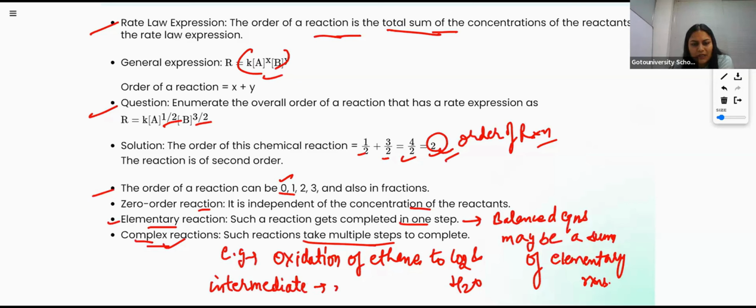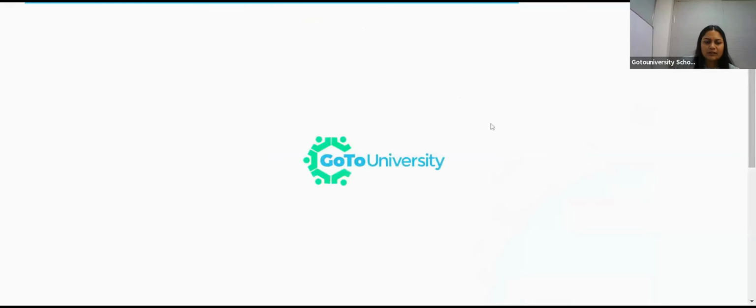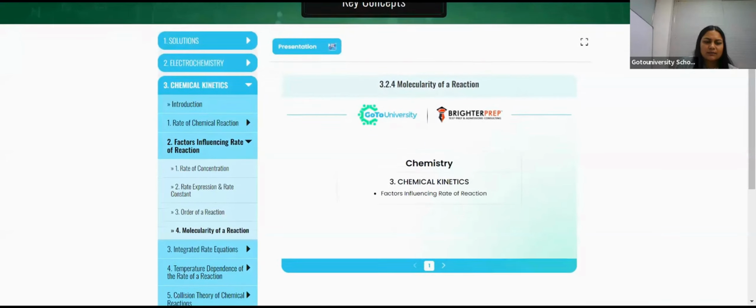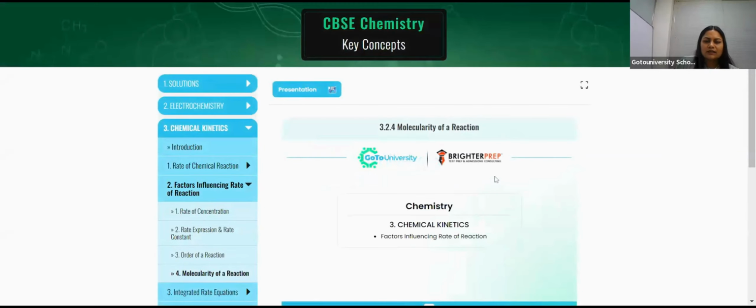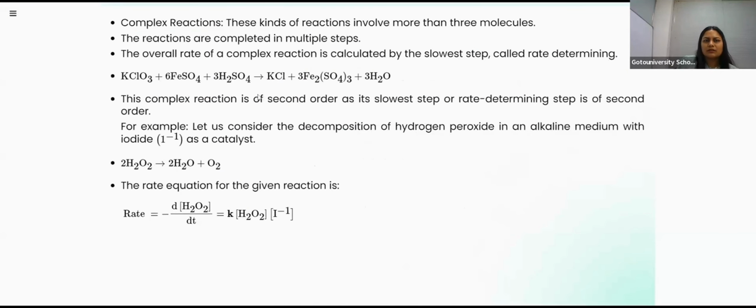That intermediate is formed of alcohol, aldehydes, and acids. Okay, then what is the molecularity of a reaction? Now, molecularity of a reaction depends on the number of reacting species taking part in the chemical reaction.